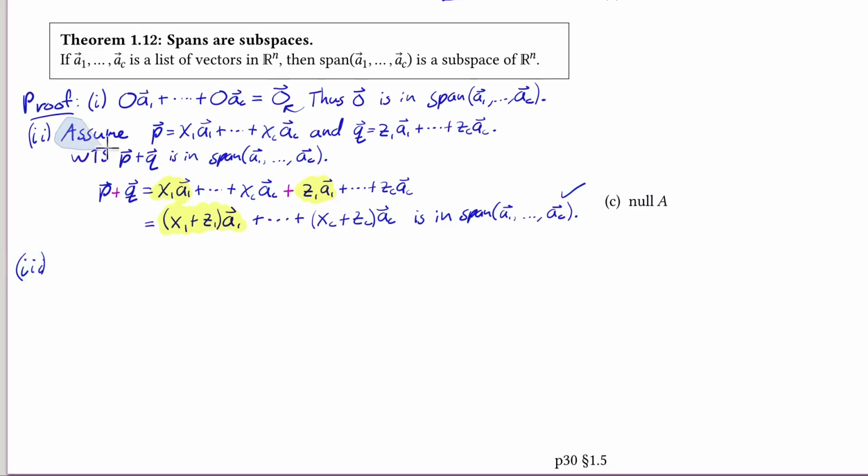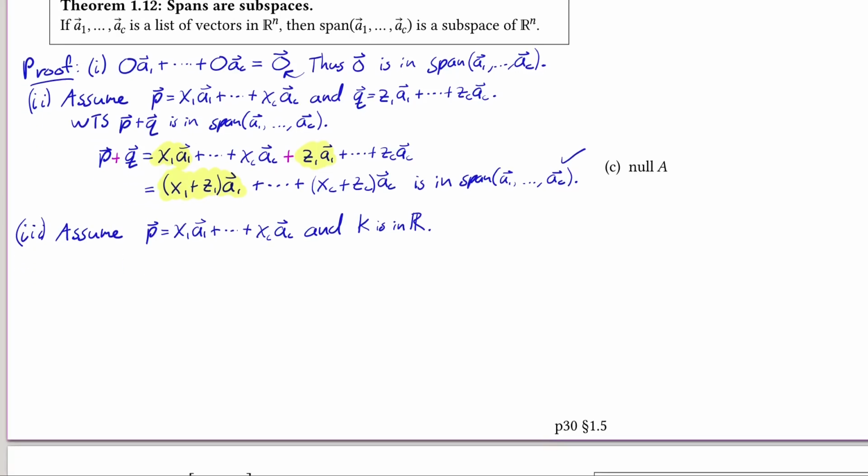We can take any vector P that is in the span and any real number K. And we want to show K times P is in the span of A1 through AC. And of course, Kp can be written as K times this linear combination.